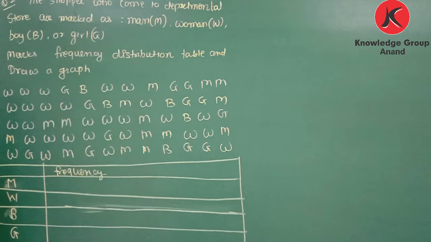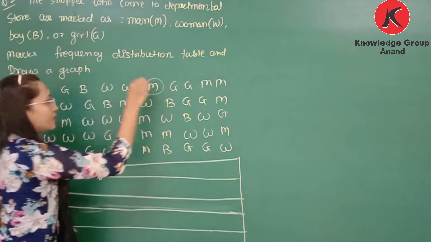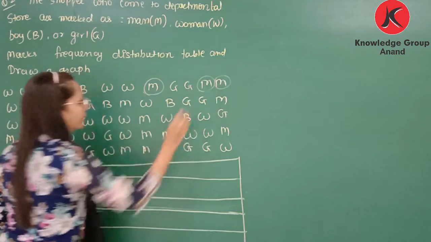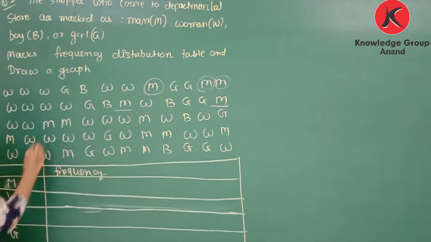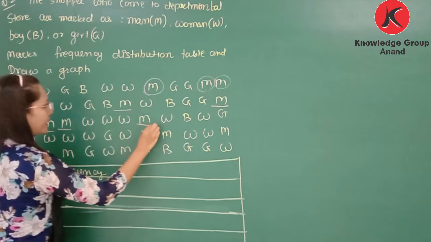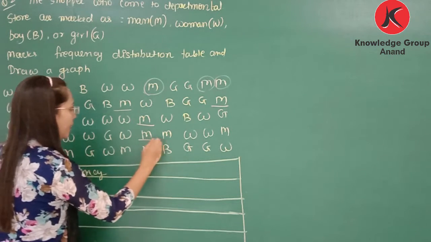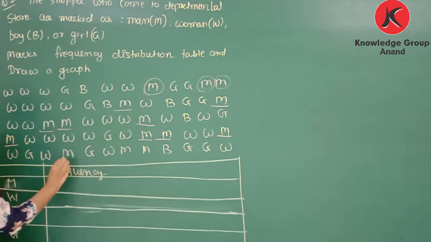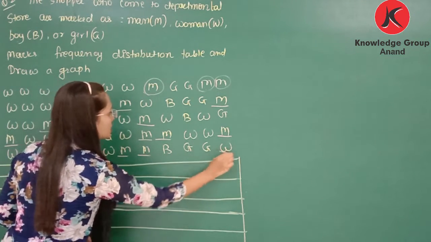We need to consider the letter M. So here 1, 2, 3, 4, 5, 6, 7, 8, 9, 10, 11, 12, 13, 14, 15.